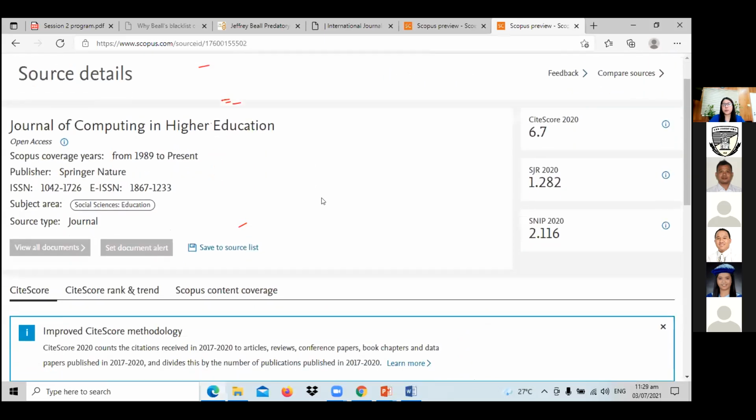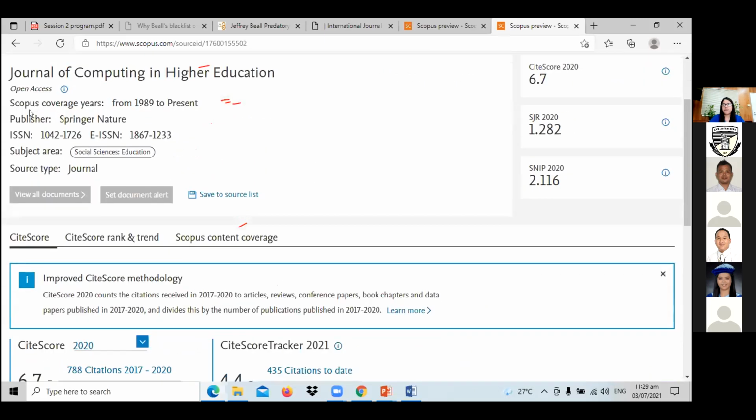Now, one more thing is that you have to check the Scopus coverage years. This one is indexed from 1989 to present. It can also be that it ends at, let's say, 1989 to 2000. Some of the journals are limited to that.